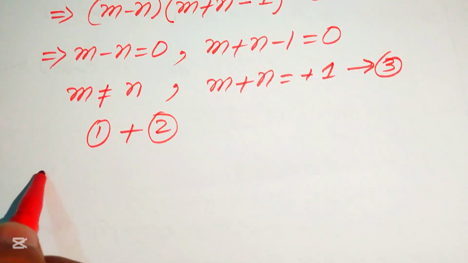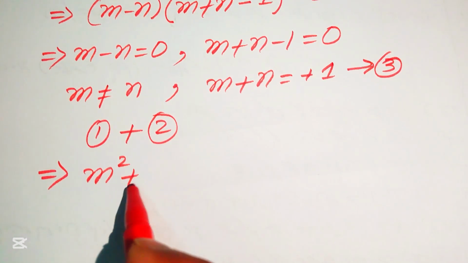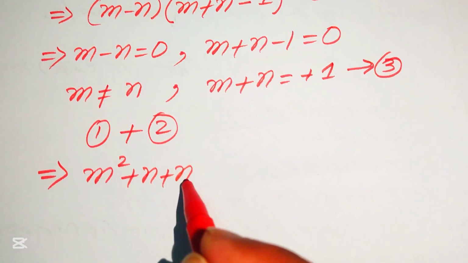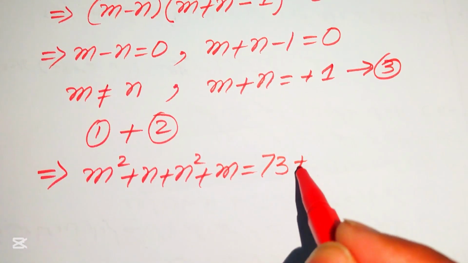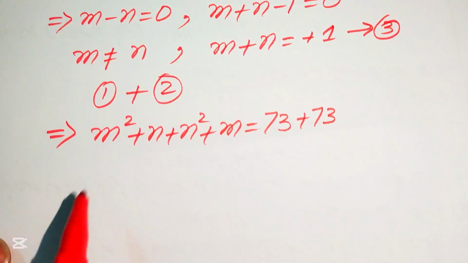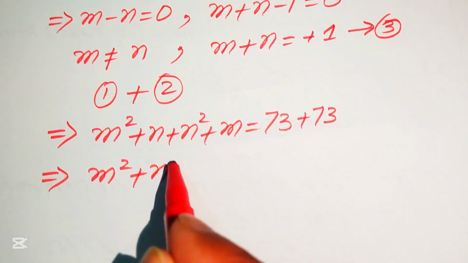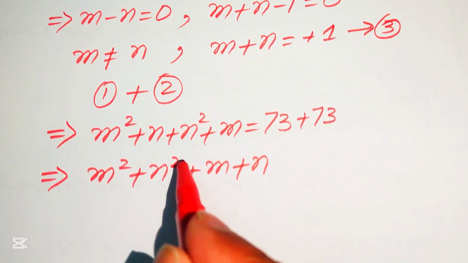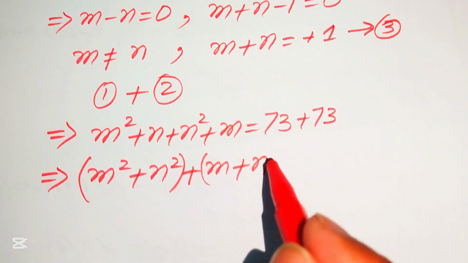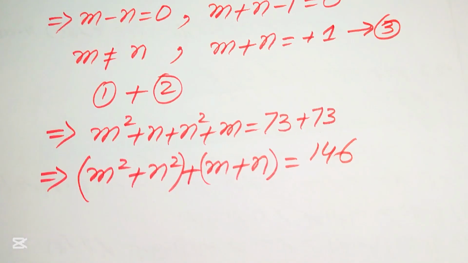So here first we subtracted equation number 1 and 2, and now we will add equation number 1 and equation number 2. So our above equation is written as m square plus n square plus m plus n equals to 73 plus 73, which equals 146.